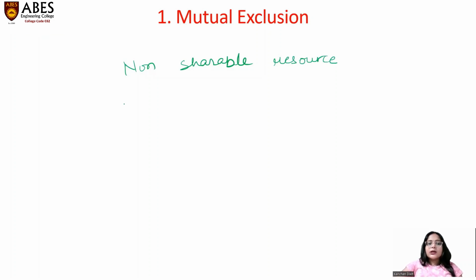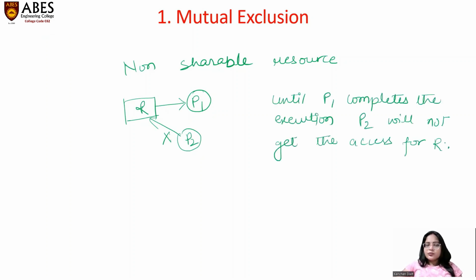If there is a resource R, at a time it can be allocated to P1. If P2 requests it, it cannot be allocated to P2 until P1 completes its execution. So this is mutual exclusion.